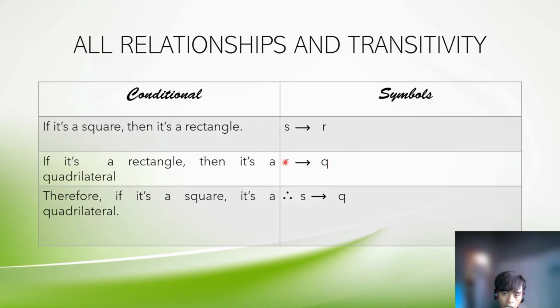In the symbols, R links to Q. On the third row, the last row, therefore, if it's a square, it's a quadrilateral. In the symbols, therefore, okay, I forgot to place a comma. Therefore, comma, S links to Q.